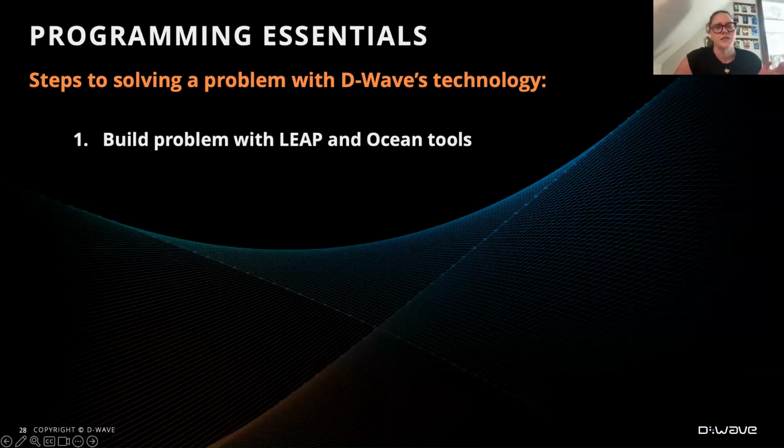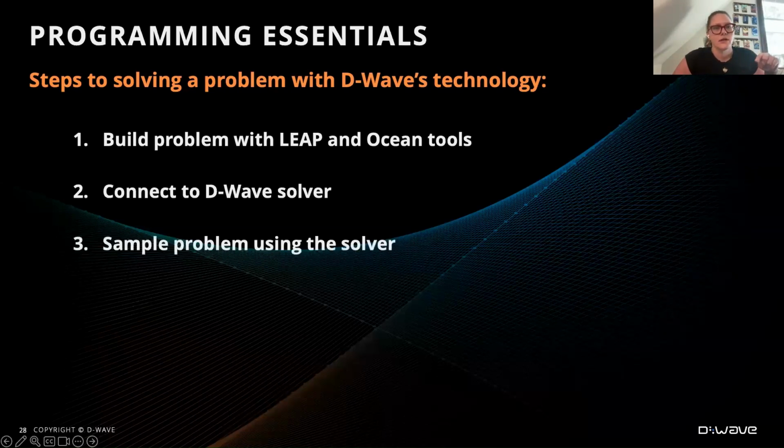First off, we need to take our mathematical expression and translate it into a program using Leap and Ocean tools. Then we'll need to connect to one of D-Wave's solvers or samplers. We'll sample the problem using that connection we made, and then we need to interpret the results.